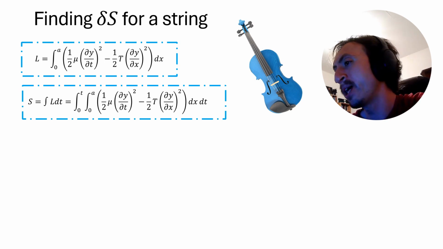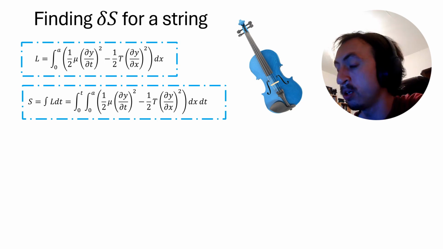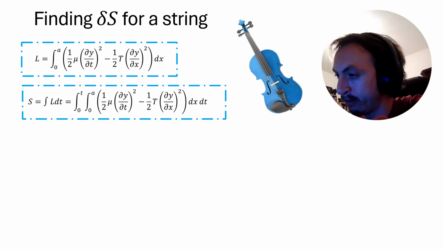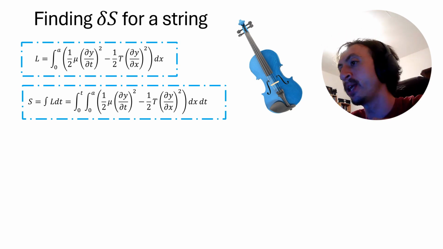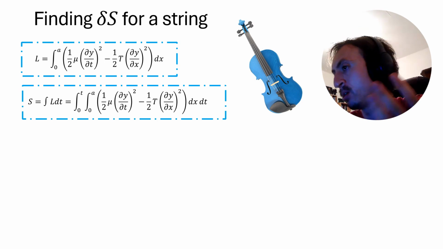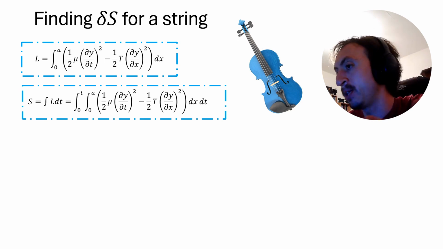However, you can, if you want, just define the action of the string to be the integral of the Lagrangian from t equals 0 all the way to t equals infinity. So I put t as the upper limit for my integral of time, but it doesn't really matter what t is. If you're unsure what t is, don't worry. It doesn't matter if it's finite or infinite. The important thing is that we are integrating from one time to another, so I've said from time 0 to time t.